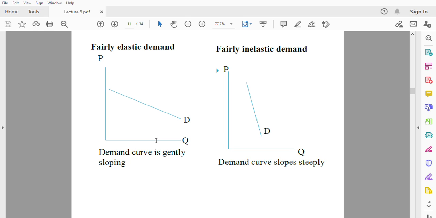Great. So let's look at the shape of the curves of various elasticities. When you have a curve like this, where the demand curve is gently sloping, it is fairly elastic. It has a fairly elastic demand. And if you have a curve like this where the demand curve slopes steeply, that means that demand is fairly inelastic.